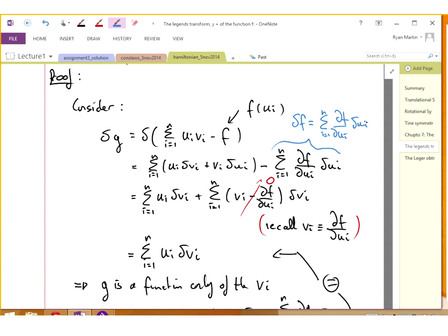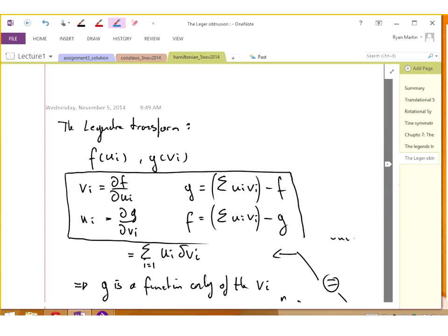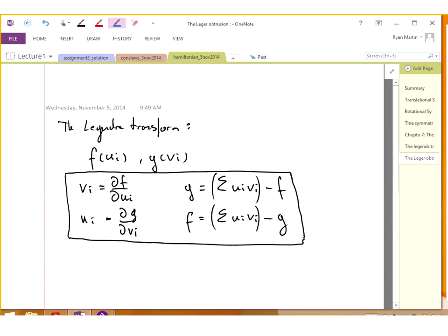So that's where the sum came in. All right, so in the line above it here, I have delta of the sum minus delta of f. And then when I do delta of f, since f depends on multiple variables, I have to use the chain rule. Okay.